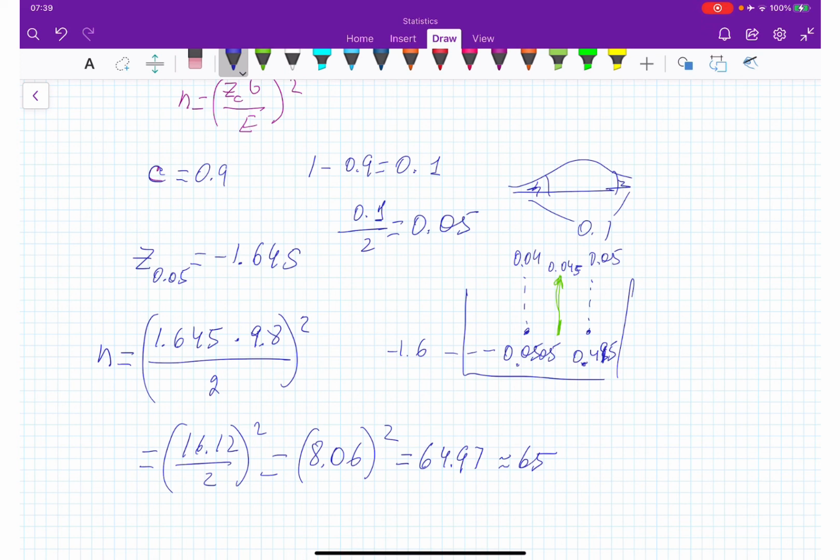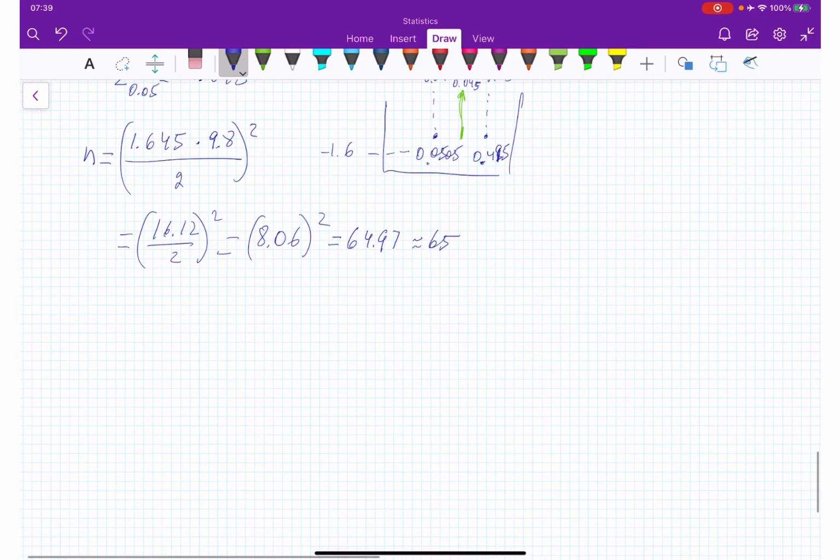Question number 9. Now here we need to find T critical for the confidence level C equal to 0.99 and sample size N equal to 22.